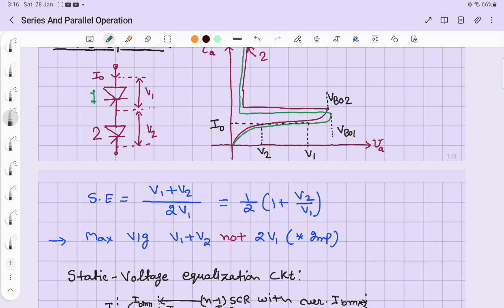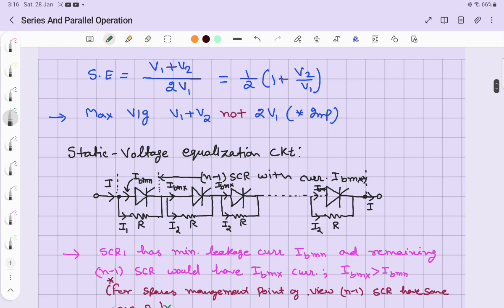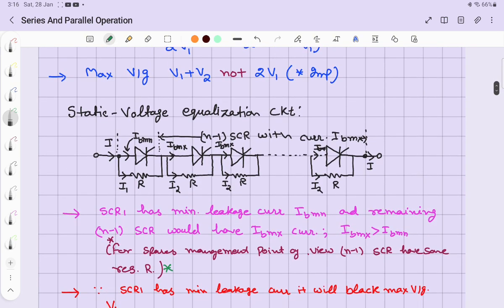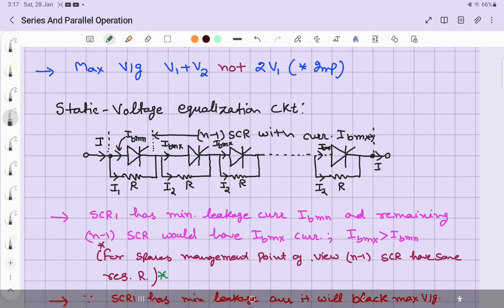So how can we make this voltage sharing equal? For that, the static voltage equalization circuit is used, right?